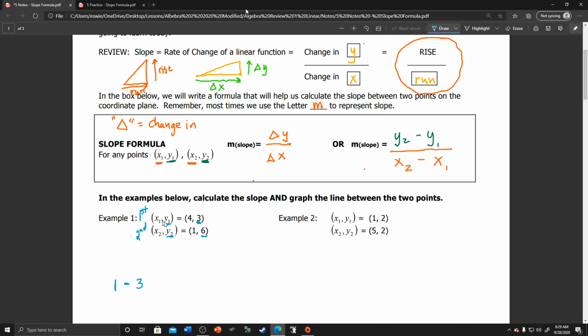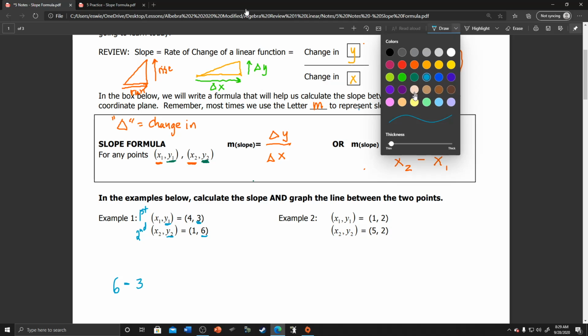See, this just means the second value listed. Okay, it's 3. This is the second value listed at the second point. It's 6. Y values. Oh, I didn't write this right. 6. Be careful that you choose the right value and don't make a mistake there.